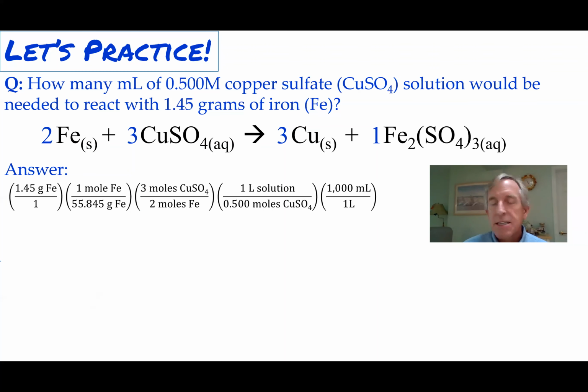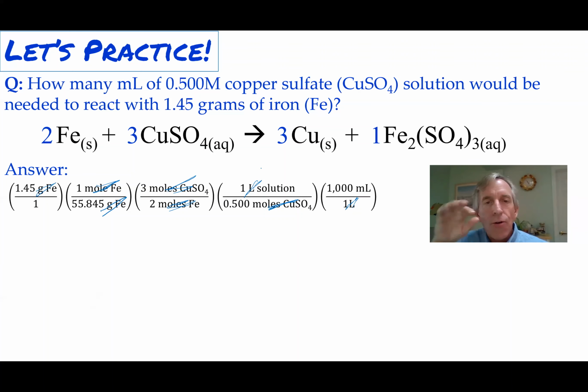When we do this, you can see all my units cancel. Grams, grams, mole ratio from the balanced equation, moles of copper sulfate from the molarity, moles per liter, and I highly recommend that if the answer is in milliliters, that you actually show this ratio conversion of 1,000 milliliters to 1 liter.